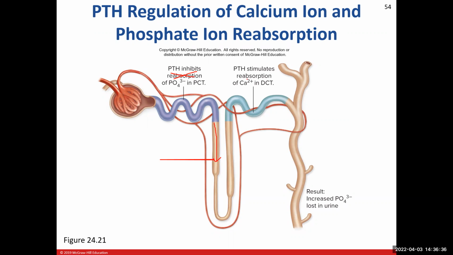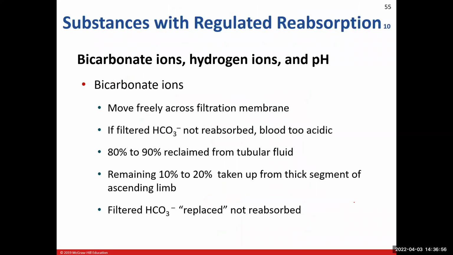Then when we get to calcium, we're going to increase the resorption of calcium in the distal convoluted tubule, so it goes back into the blood. And so as a result, we see an increased amount of phosphate being excreted in our urine.